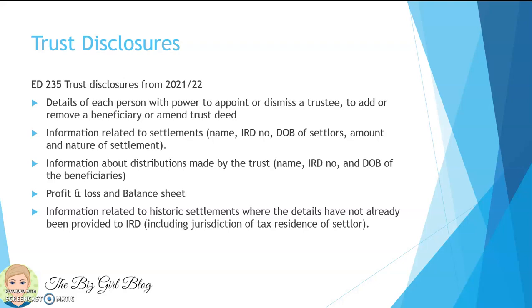They require the name, IRD number, date of birth of the relevant beneficiaries, profit and loss statement, and a balance sheet. So slowly, more and more disclosures are going to be required by IRD.